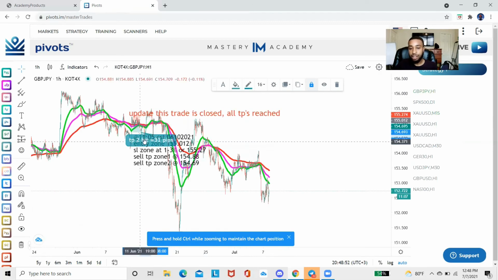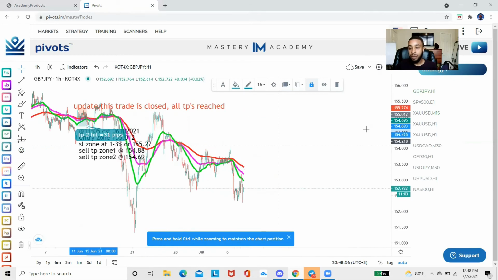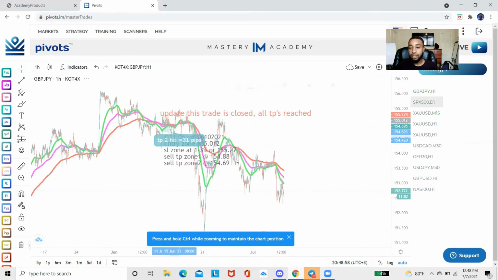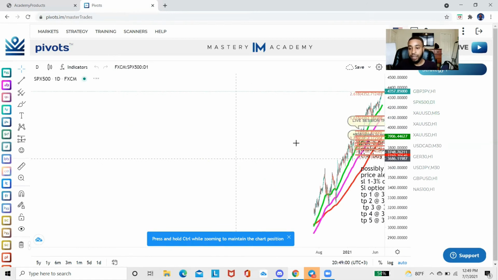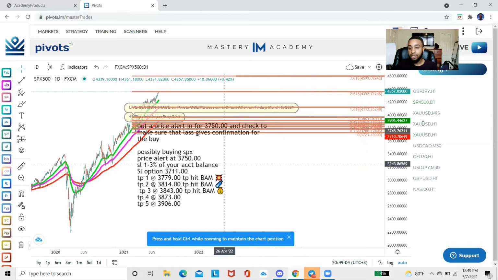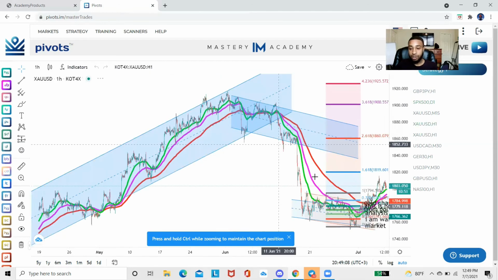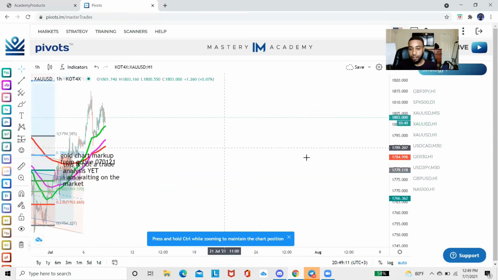You can see it shows TP2 is hit for 31 pips on this trade idea for GBP JPY. So you really want to make sure you're paying attention to this. As I'm showing you guys, you can clearly see she gives trade ideas that are sent to this chat. Okay.